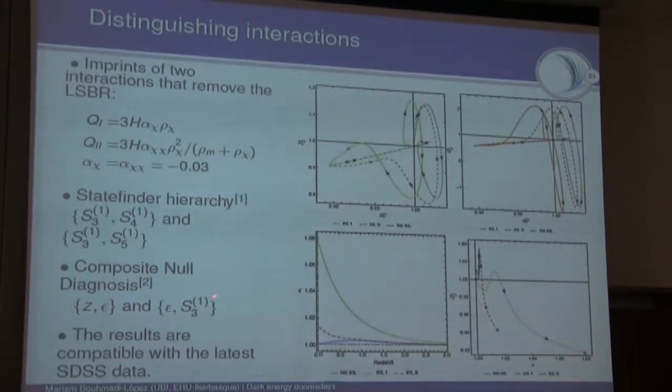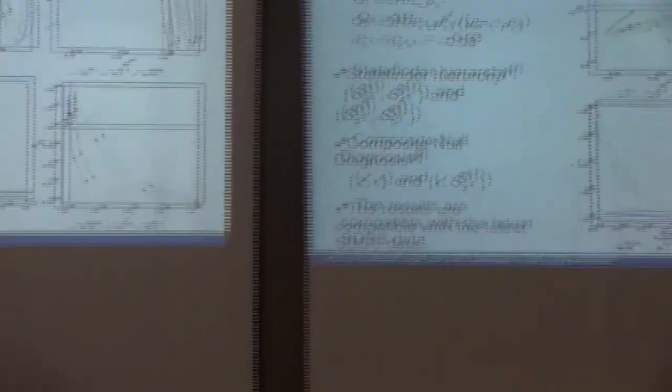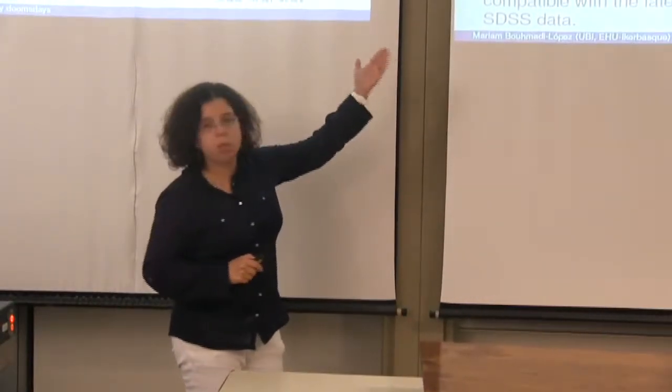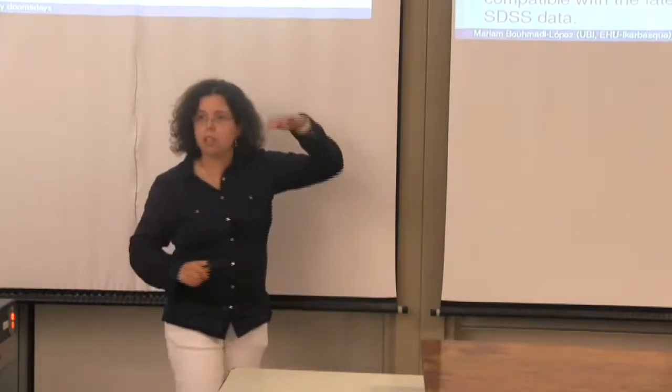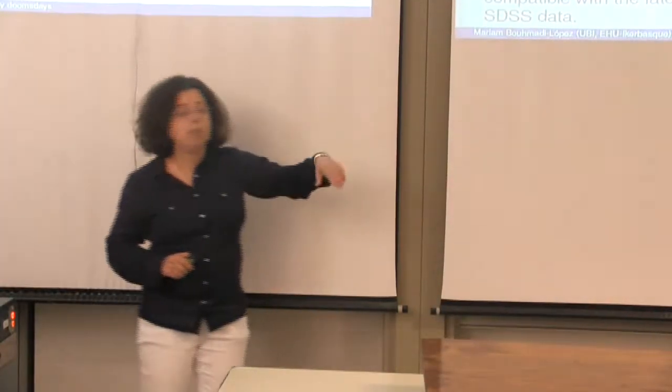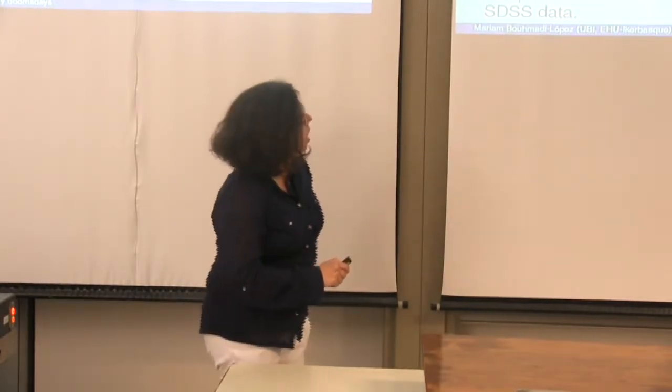The other thing we did was to look at the parameter epsilon, which is essentially the ratio between the logarithmic derivative of the density contrast in this model and in Lambda CDM. So whenever we have 1, we are essentially at Lambda CDM. When there is a deviation, we are deviating from that.